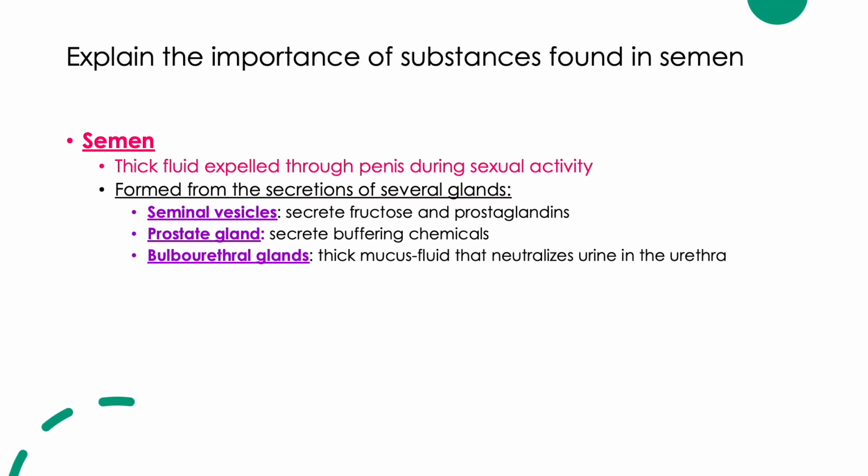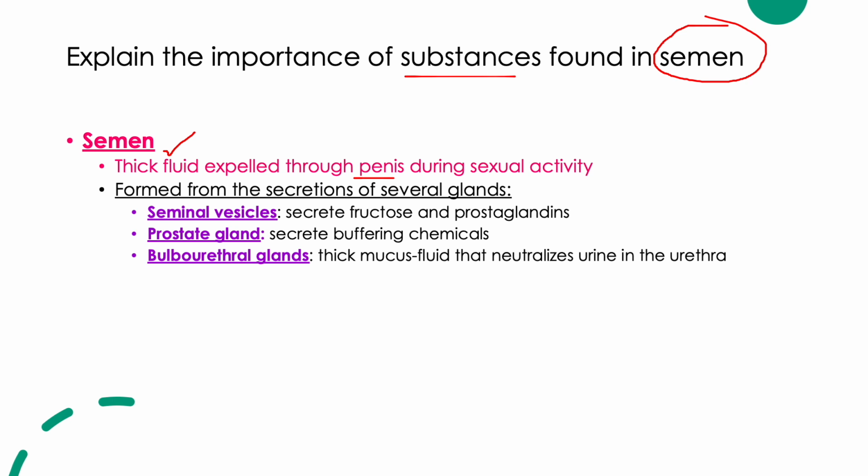Now explain the importance of the substances in the semen. We studied that semen is a thick fluid which is expelled through the penis during sexual activity. So we need to know what the components of the semen are and who adds these components.